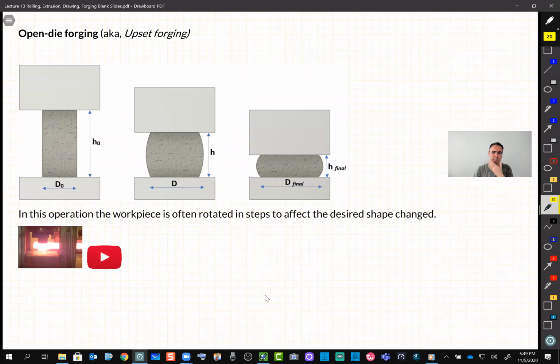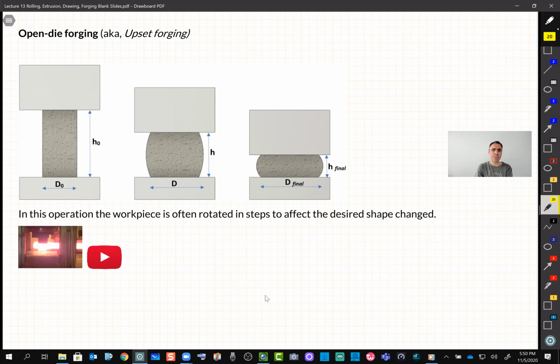So let's briefly review these three types. Open die, also known as upset forging, again terminology people use. As you can see, there is in fact no die. You just compress a part by gradual force between maybe a slab, or two flat dies, to change the shape and form of it.